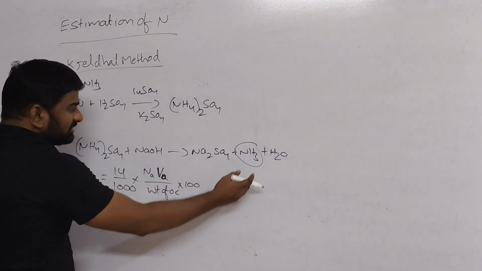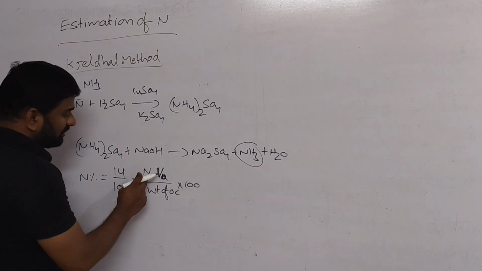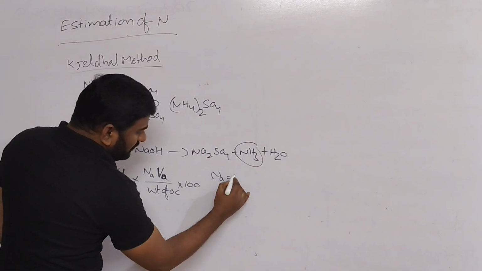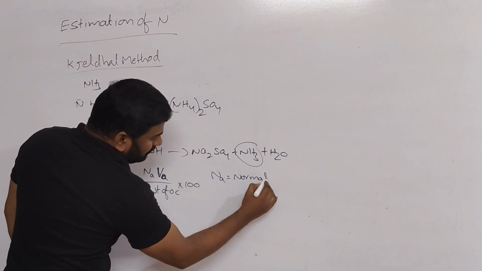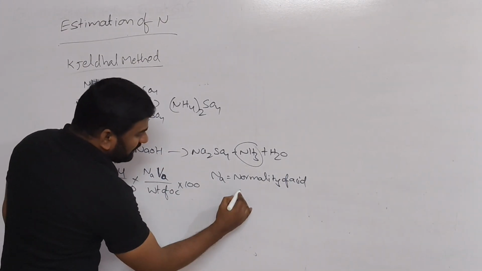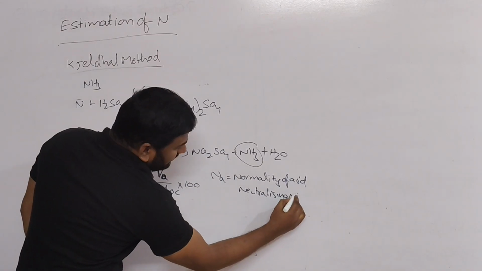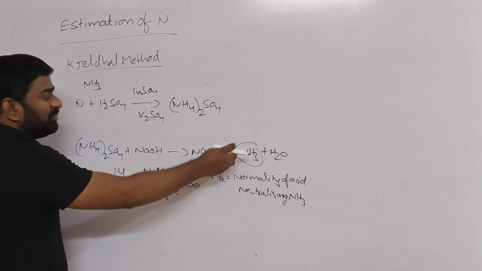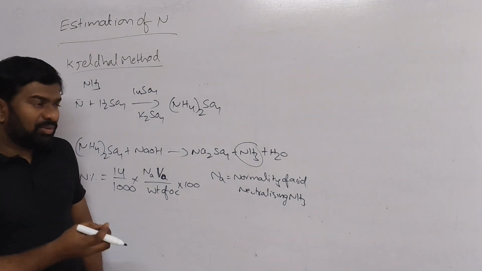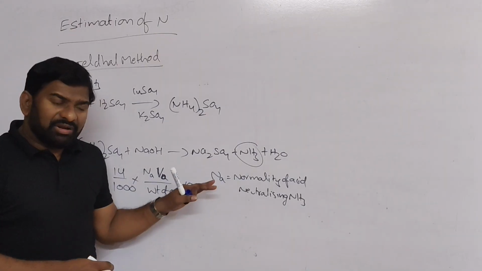Here we have a base, but I have written normality of acid and volume of acid. What does it mean? Na means normality of acid neutralizing NH3. The ammonia value we don't know, so the ammonia is neutralized by some amount of acid. To neutralize a base, the same number of moles of acid is required.